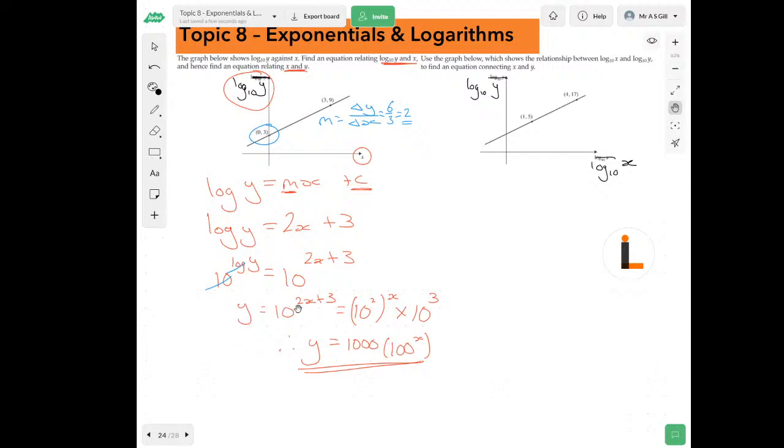What you could do is go straight from that step to that step, if you want. There's nothing wrong with doing that. I'm just making it really clear what would allow us to do that.